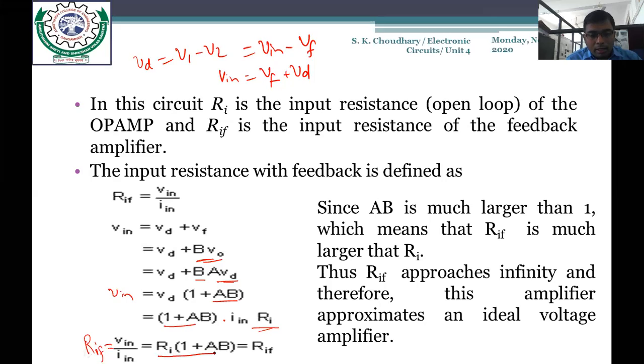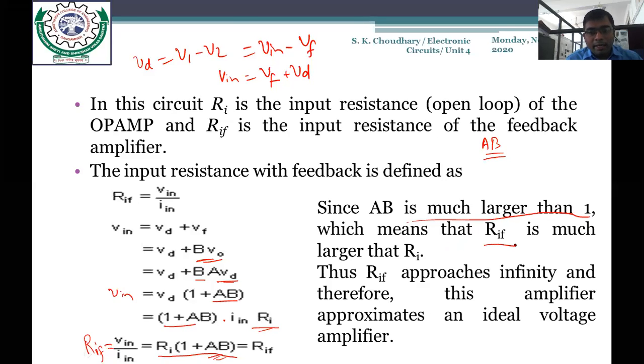is equal to Ri into 1 plus AB. So what it means is that the product of A and B, where A is the open loop gain and B is your feedback gain, is much larger than 1.